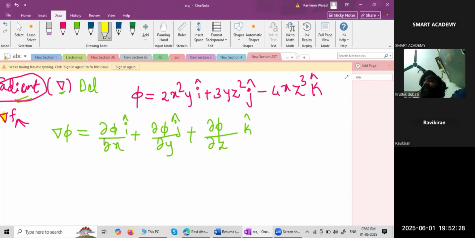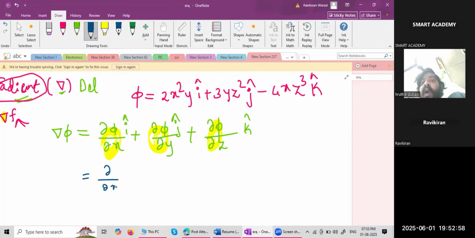No confusion. Very simple. Otherwise, you can just remember dou by dou x plus dou by dou y plus dou by dou z.